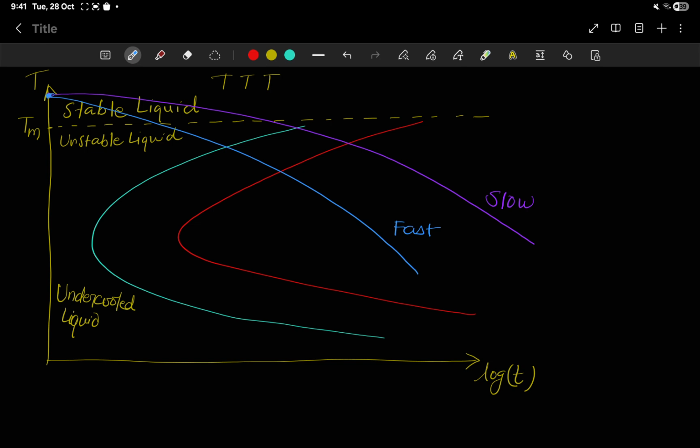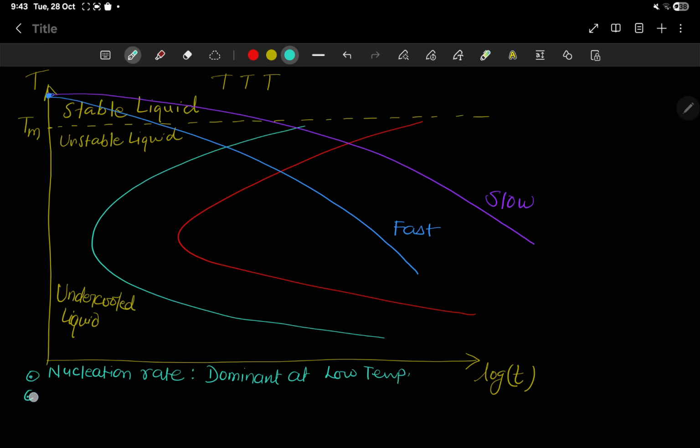Okay, now let's try to explore how we get the microstructure in slow cooling and in fast cooling. Before starting this, we have to keep some important points in our mind, right? The first point is nucleation rate, this is dominant at low temperature.